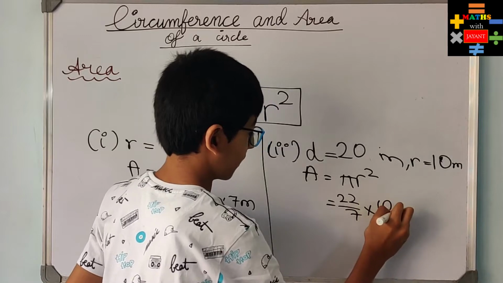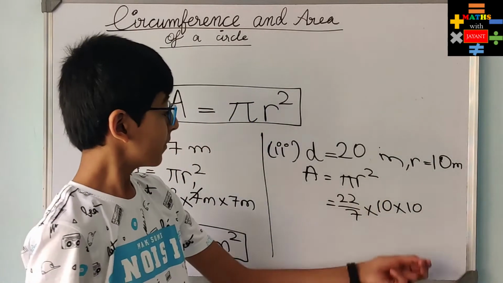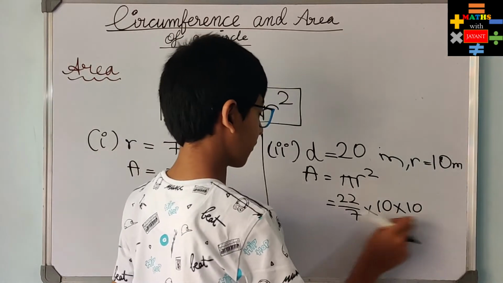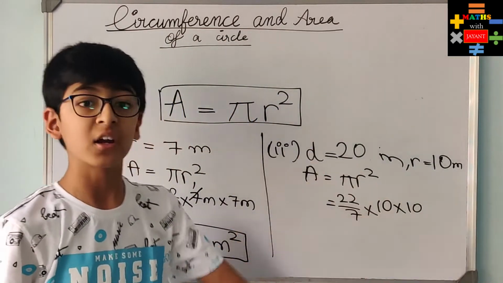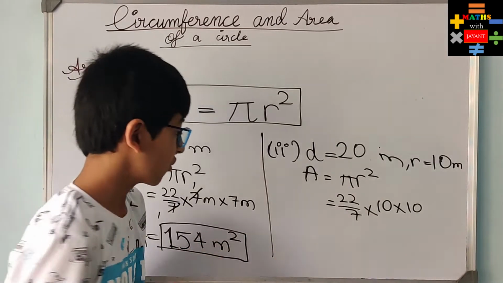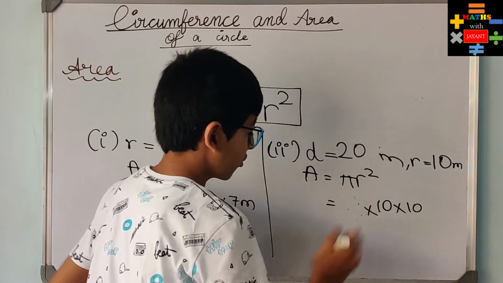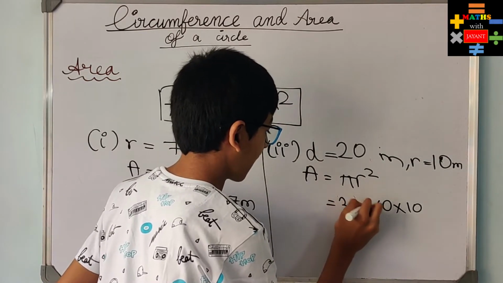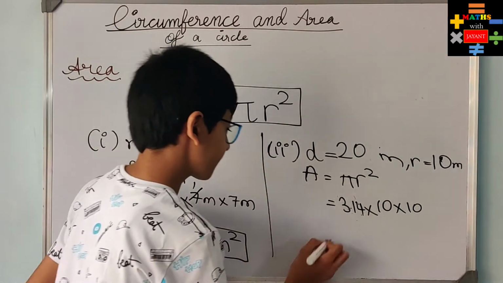Now we can multiply 22 by 7 into 10 into 10. Now look over here, nothing can get cancelled, right? So I need to multiply 22 with 10 into 10 and then divide it by 7. Other than that, the easier option is don't use 22 by 7, just use 3.14, right? So this is why we choose where to use 22 by 7 or where to use 3.14.